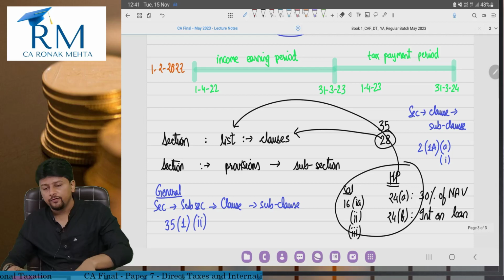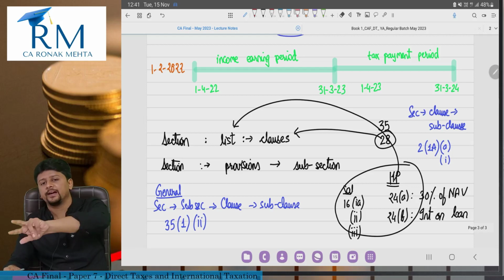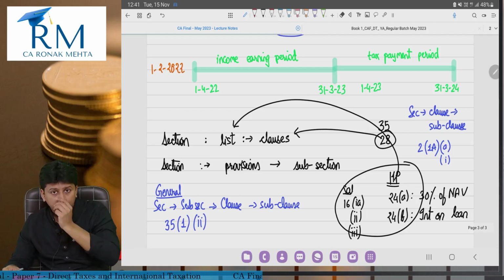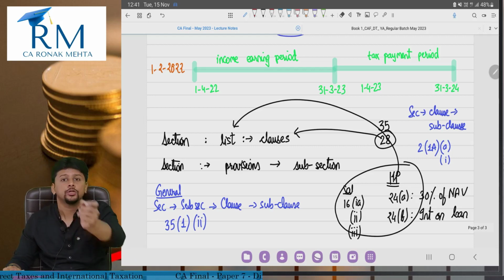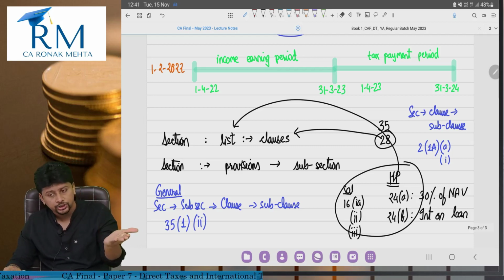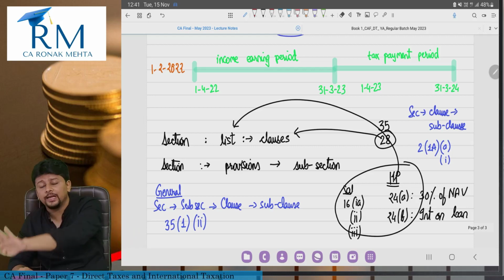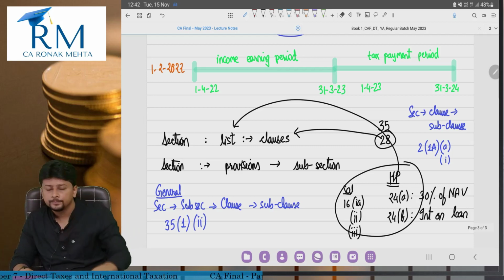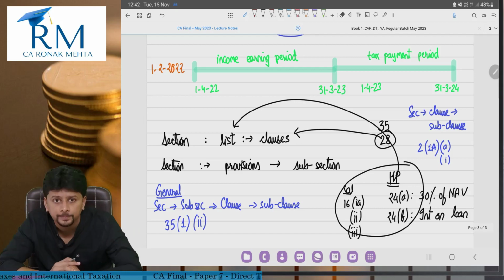So if you have clause, then automatically after clause there is subclause. If it's a list, though, you will not have subsection, you will have clause. But if it's the general nomenclature, after section you will have subsection, then clause, and then subclause. Chalo, I think this much is clear.